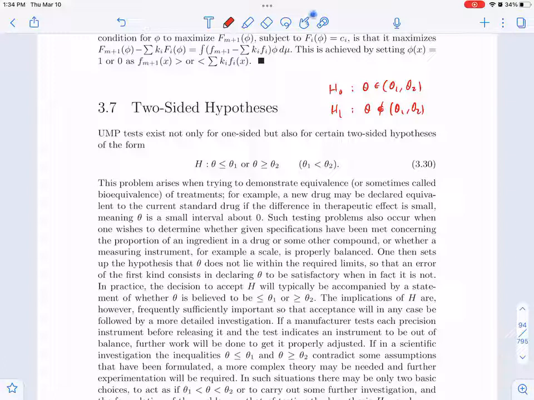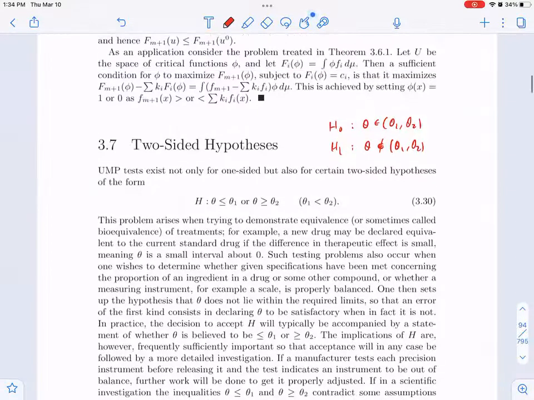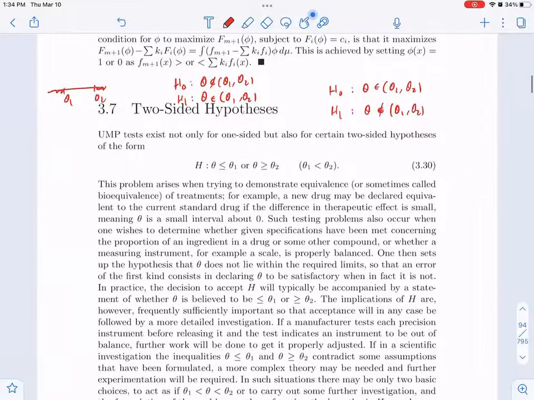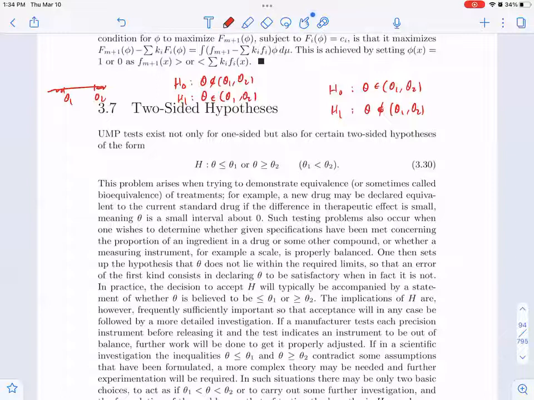This section is saying that there is actually a UMP test for the opposite. So if you have H naught is this, and H1 is the other one. So the null is everything outside this interval, and the alternative is inside. Then in the exponential family, you can find a 2-sided test.